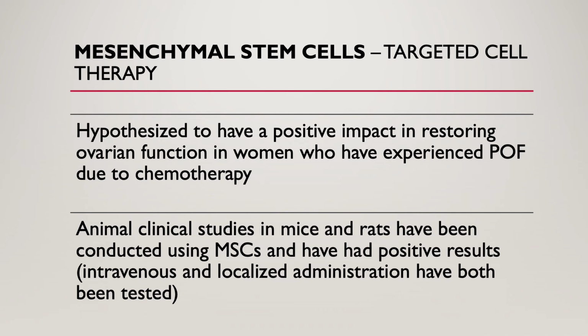In clinical studies that have already occurred, specifically in rats and mice, we have seen positive results in restoring ovarian function. I will now review an important study that was done and share the discoveries that were made.